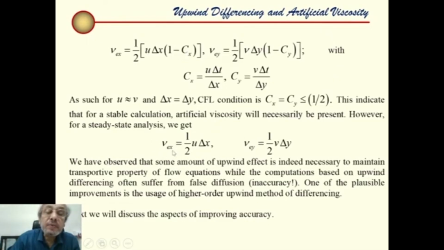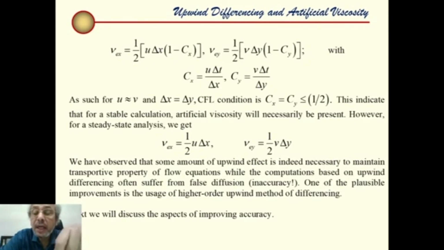We get artificial viscosity in x direction as half u delta x and in y direction as half v delta y. We have observed that some amount of upwind effect is indeed necessary to maintain the transportive property of flow equations, while the computations based on upwind differencing, because this upwinding is needed for retaining the transportive property that we examined in the last class.